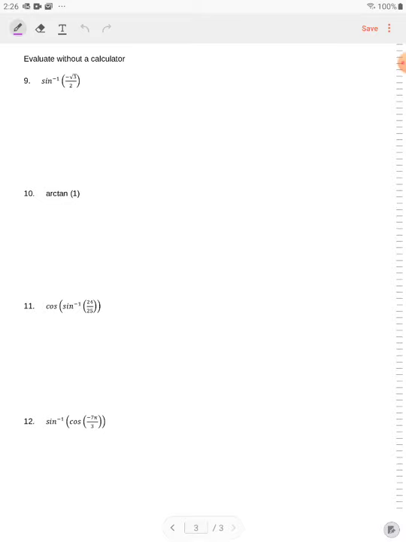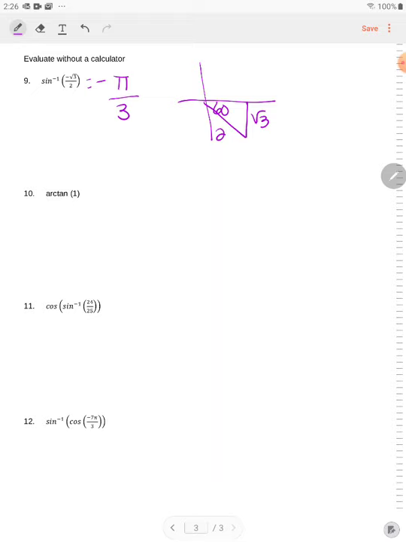All right, sine inverse of negative root 3 over 2. So what happens here? The negative is in this quadrant. Okay, so our answer will be a negative. That's a 60-degree angle. So that's going to be negative pi over 3.